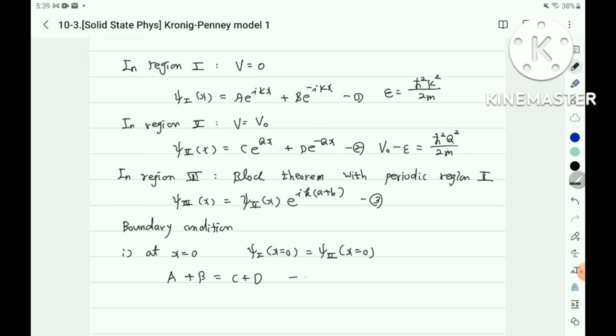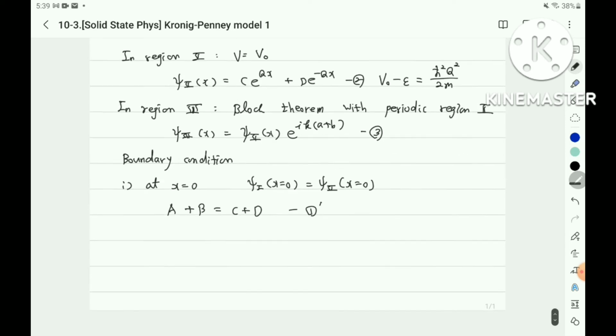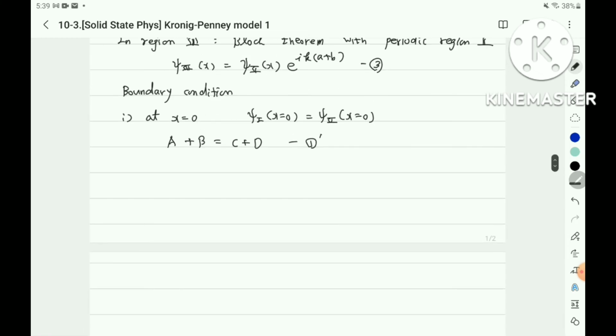Let's think that it is one plane. And this wave function should be smoothly continuous, and it means that d psi 1 dx at x equal to 0 should equal d psi 2 dx at x equal to 0.